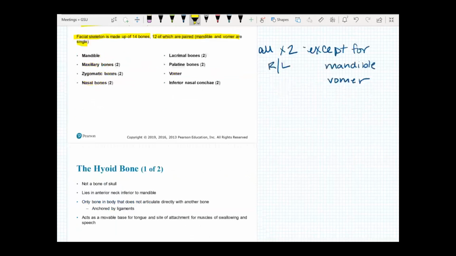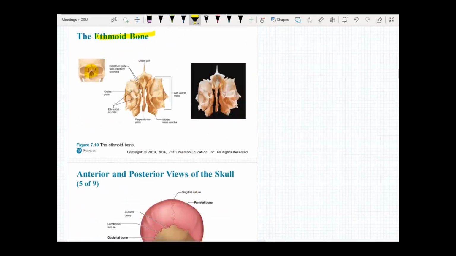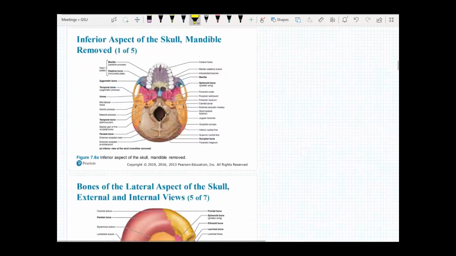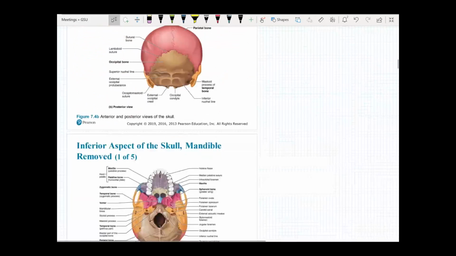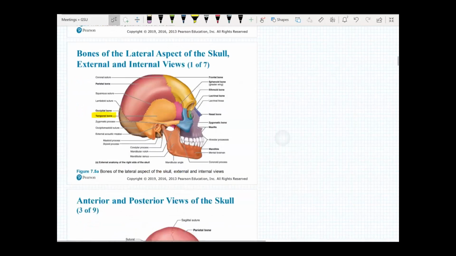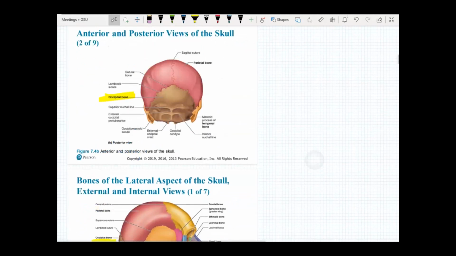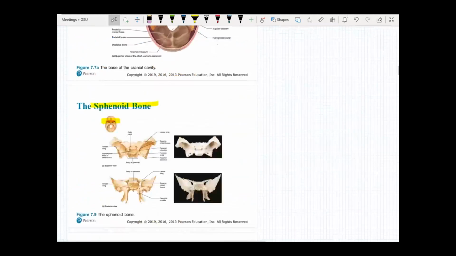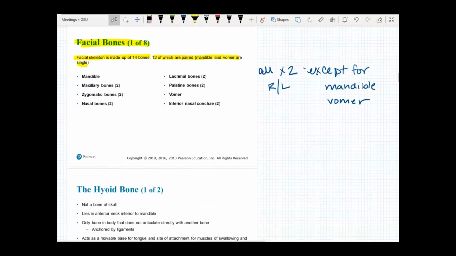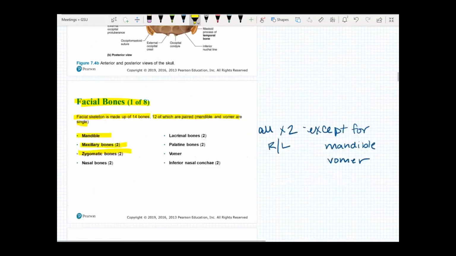Looking at this skull right here, the mandible is the bottom part of your jaw. It's essentially the part that will hinge. You also need to know your maxillary and your zygomatic bones.